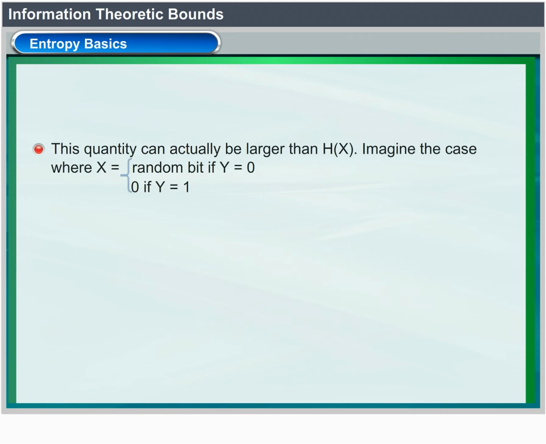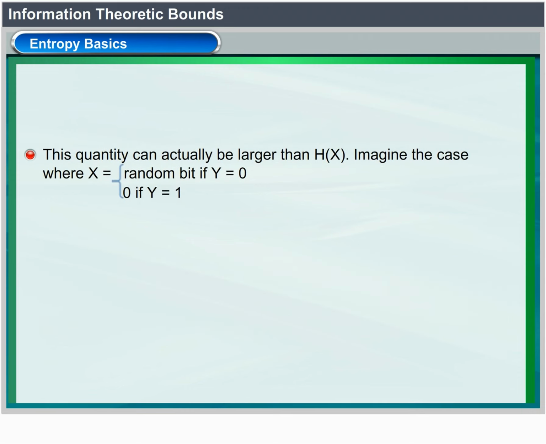This quantity can actually be larger than H of x. Imagine the case where x equals a random bit if y equals 0, and 0 if y equals 1. Then H of x is less than 1, yet H of x given y equals 0 is equal to 1.